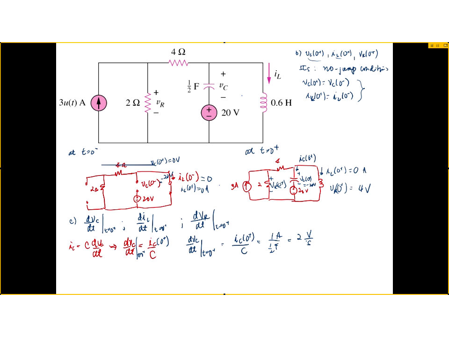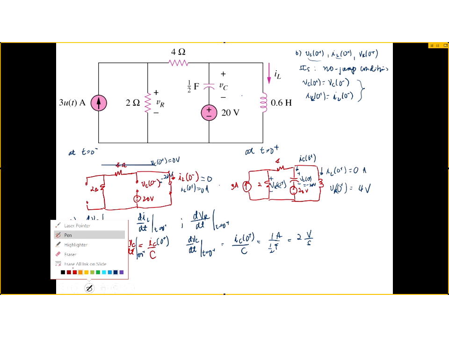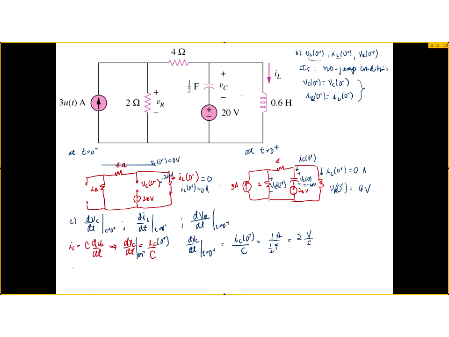Again, when you're looking for a current, even though it's the current in the capacitor, currents are actually controlled by the inductor, because the current in the inductor is the one that doesn't change. Now, similarly, what do you think is the best way to find dIL/dt? Have you seen a dIL/dt before?